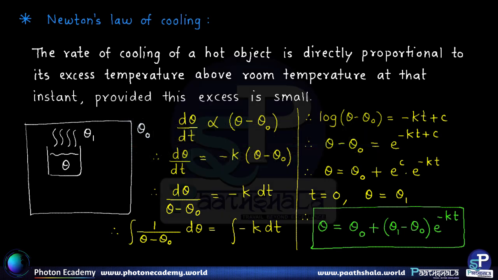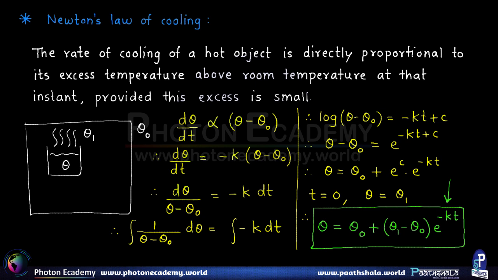The term theta 1 minus theta 0 is the excess temperature in the beginning, right? When the cooling started, the initial surplus temperature was theta 1 minus theta 0. That is getting multiplied by an exponentially decreasing quantity. So the second quantity is continuously decreasing, and hence as a whole the temperature of the body will also go on decreasing with time.